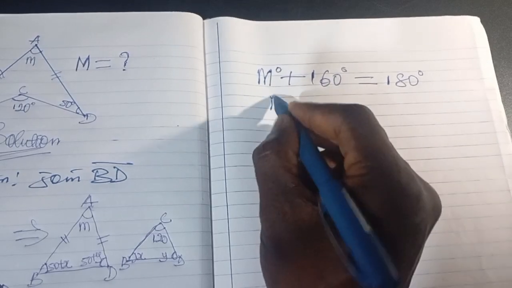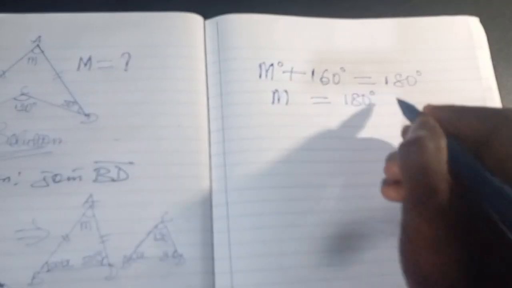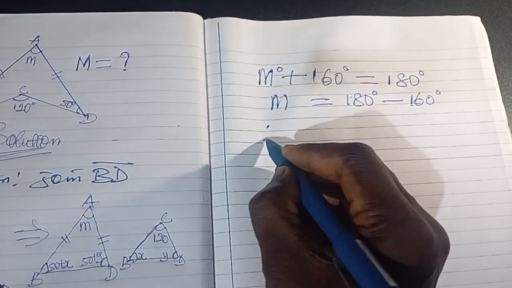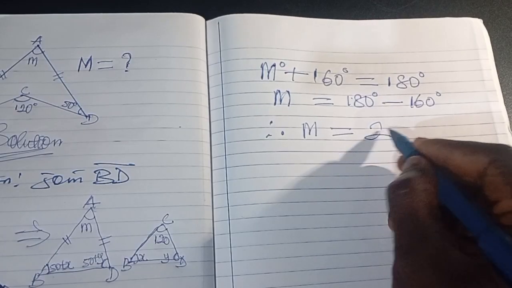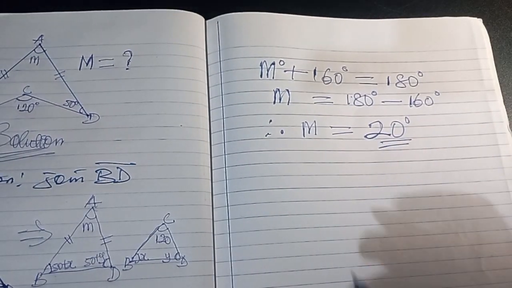So that M will be 180 degrees minus 160 degrees. Therefore, M is equal to 20 degrees.